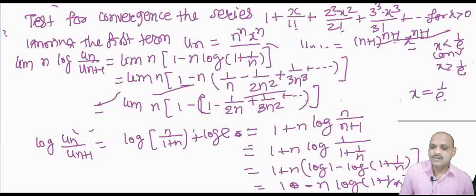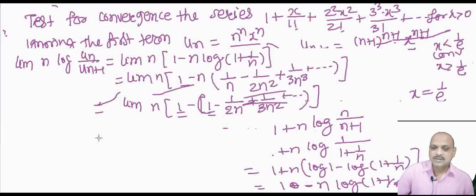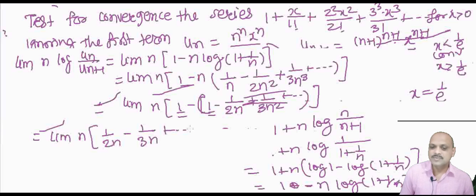Now you can see that this one and this one will cancel. Here minus becomes plus, so this is equal to limit n into (1 divided by 2n minus 1 divided by 3n square plus, like this).